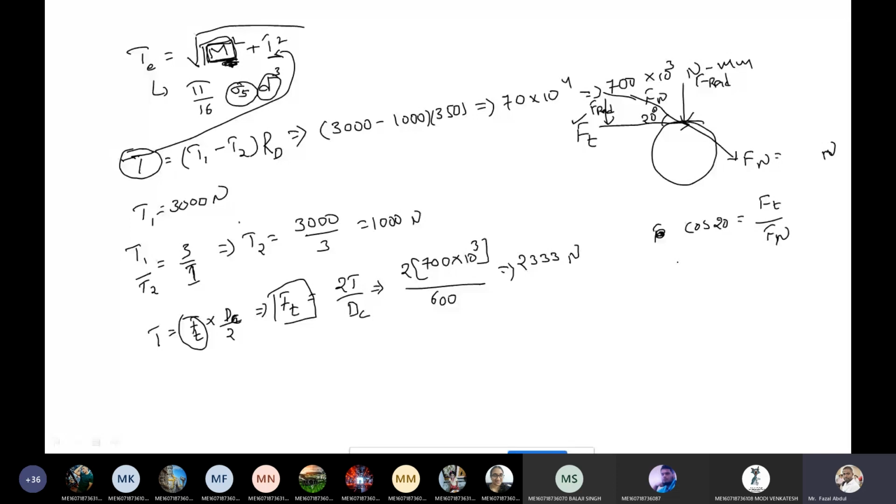From this equation, what is Fn? Ft into cos 20. So what is Fn now?